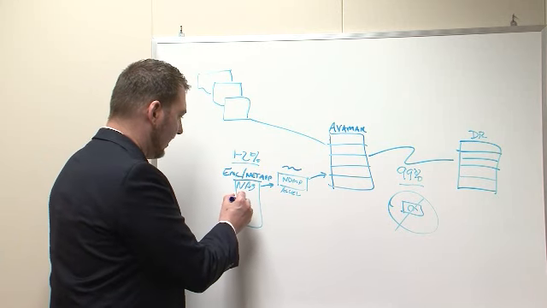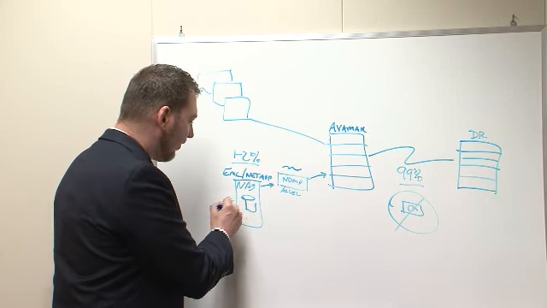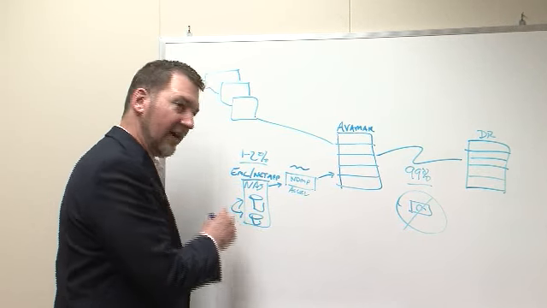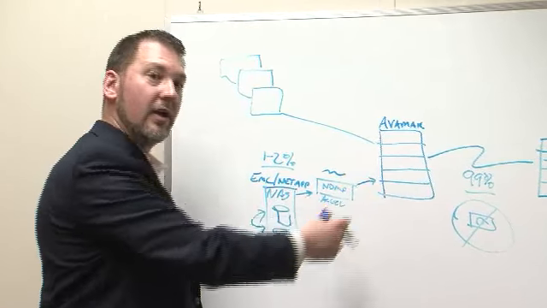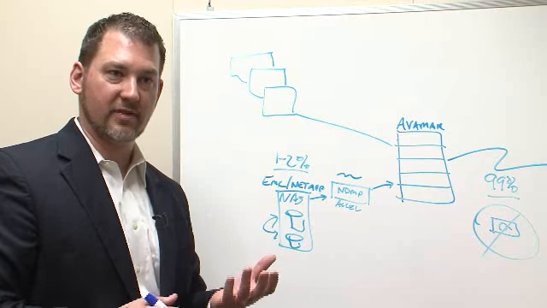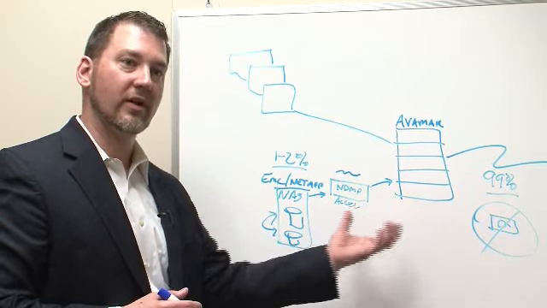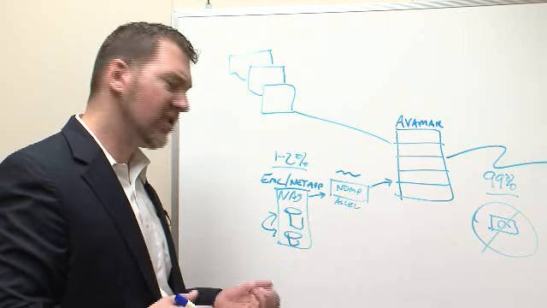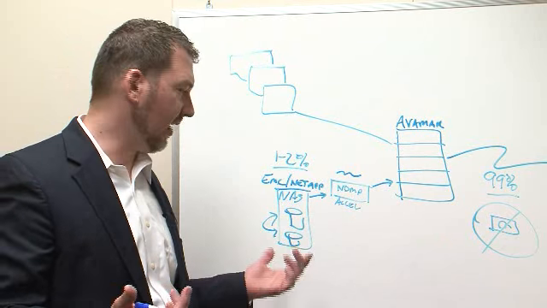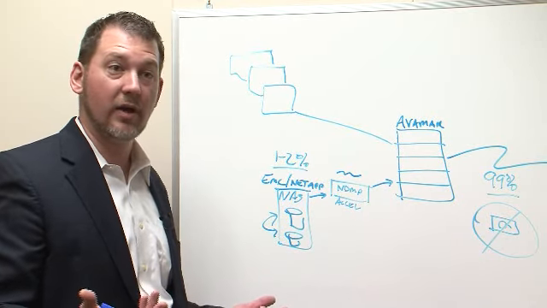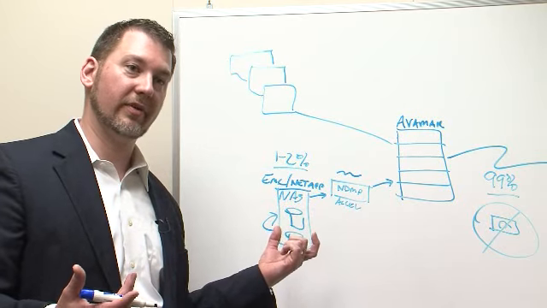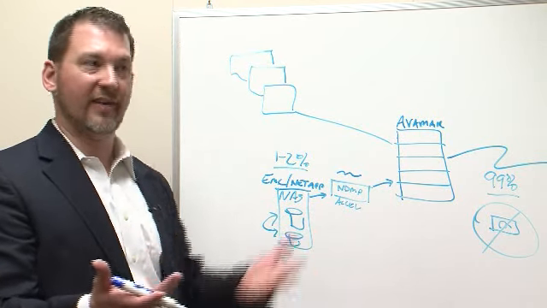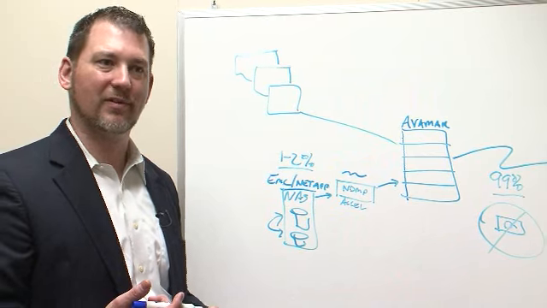But what we find is that first of all, the snapshot itself is within the array, right? So you still have to get the data off array. And Avamar's data deduplication is a great storage device for storing the data protection needs and backup requirements. In addition, snapshots aren't really backup. I mean, you have to index the snapshot somehow so that you can get that file level restore capability. That is what you're going to be needing if you're looking for a file that's weeks or months old.